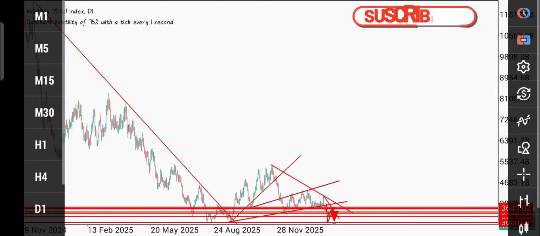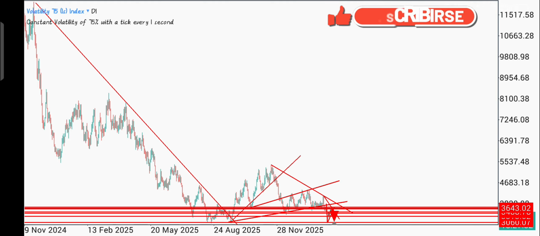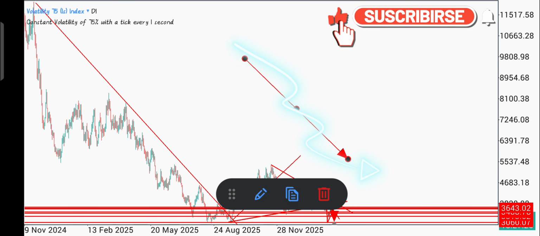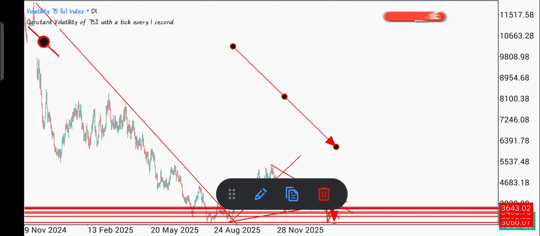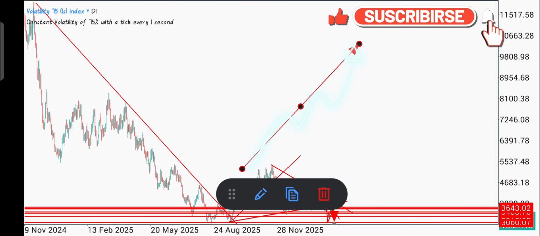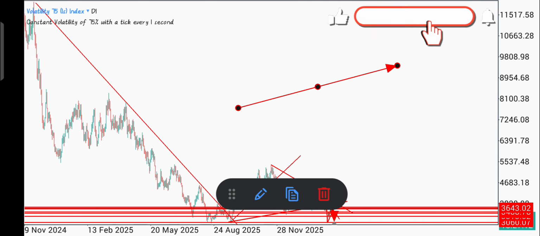What I actually mean is, for example, right here, real quick. If the trend is going like this, it's a downtrend. If the trend is now going like this, that means the trend is an uptrend.